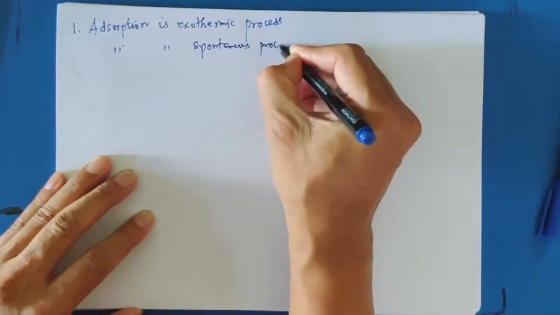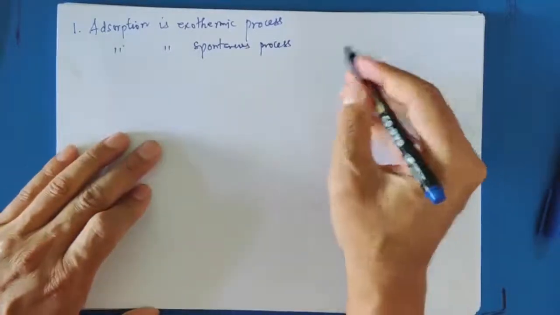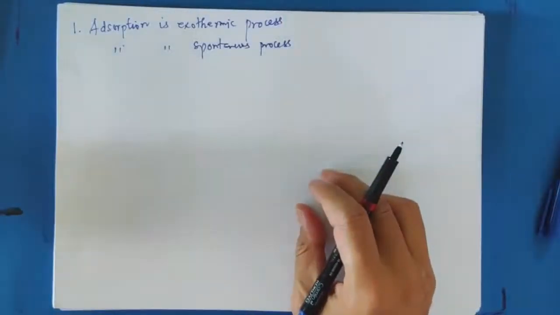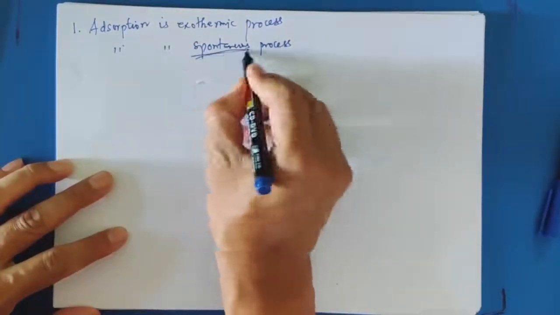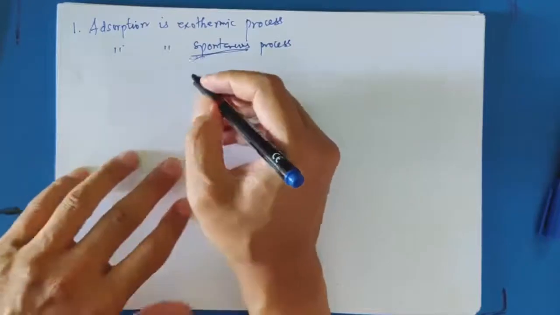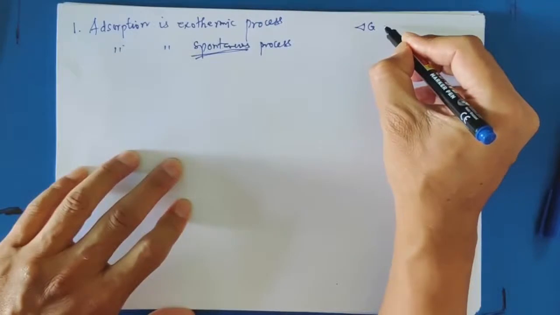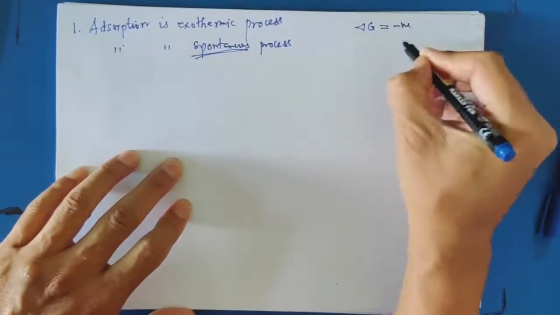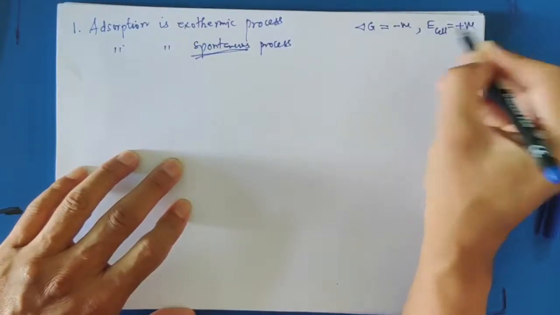Spontaneous reactions, in electrochemistry, delta G has to be negative and the EMF of a cell, E cell, has to be positive.